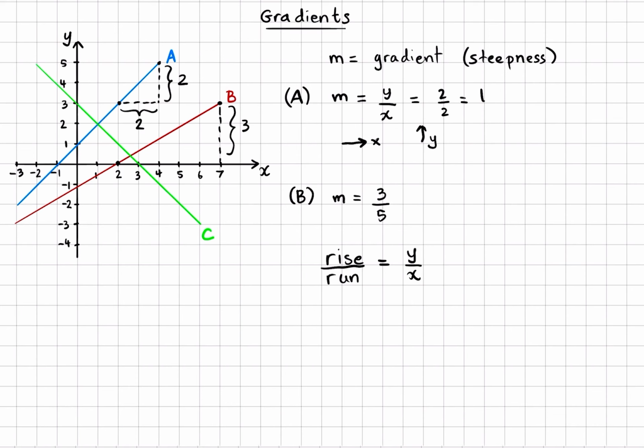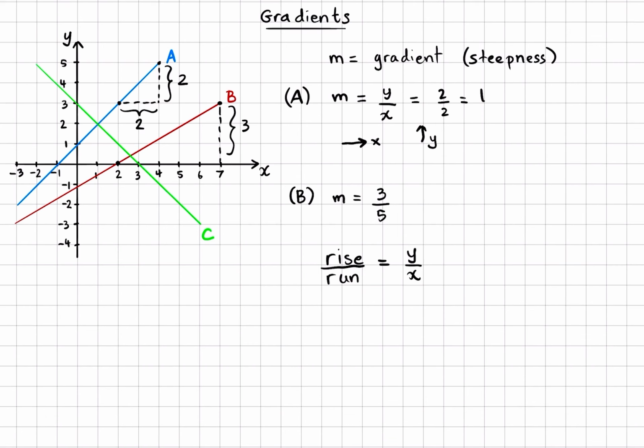All right. Another thing we need to know now is that the sign, whether the gradient is positive or negative, is very important. Because if we look at line C, can you tell what's different between line C and lines A and B?